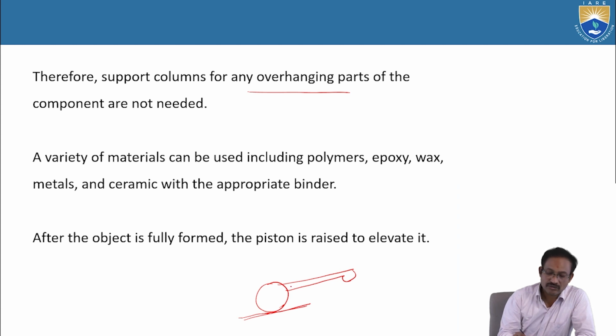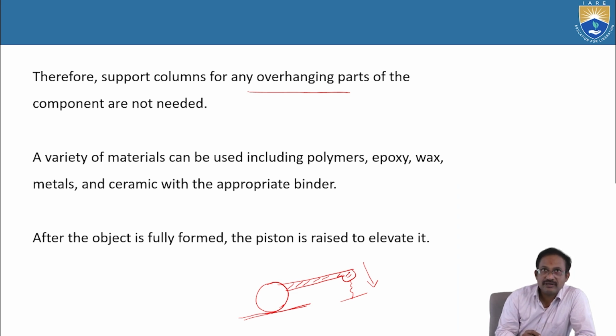At this stage it is an overhanging type. Because of the self weight, it should come down. In fact we need to have some support, but here support columns for any overhanging parts of the component are not needed.